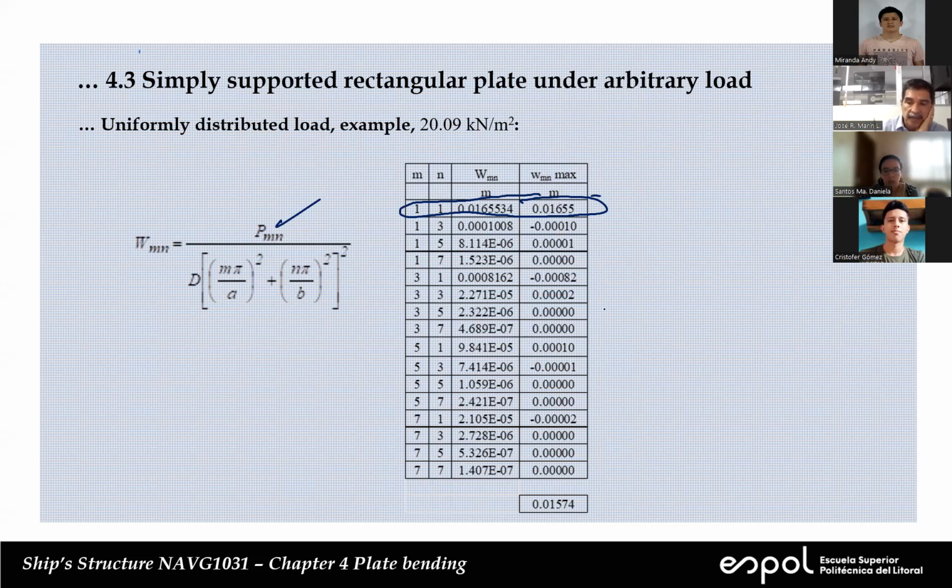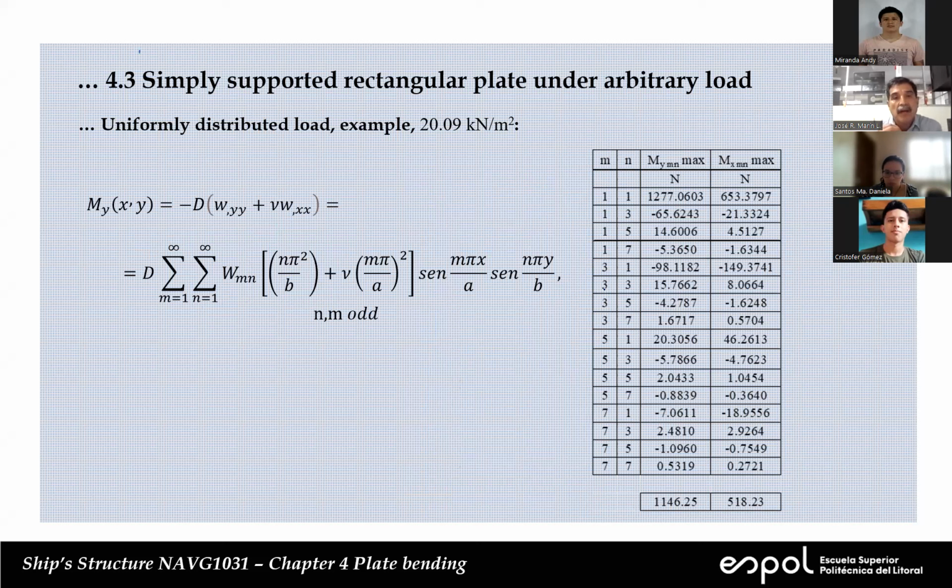Now, how many terms? That depends on the proportions of the plate and also, of course, the shape of the loading. So basically, what you have to do is trial and error. That's all we can do. After having WMN, okay, you can apply the expansions for both derivatives.